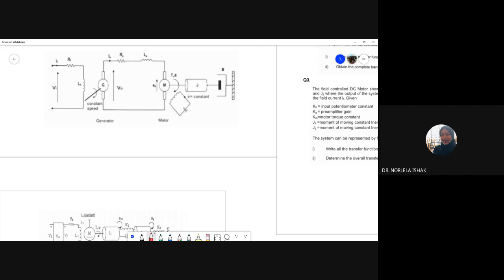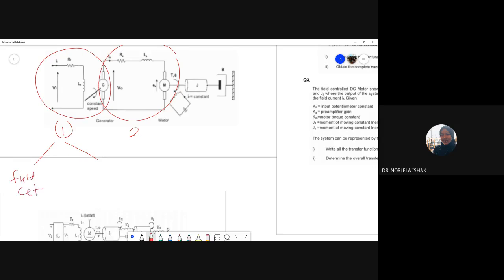Meaning the first one is the field control DC generator. This is your system number 1, the big system number 1. The second system is the armature control DC motor. From 1, what can you derive? What subsystem from 1? 1 is a field circuit.